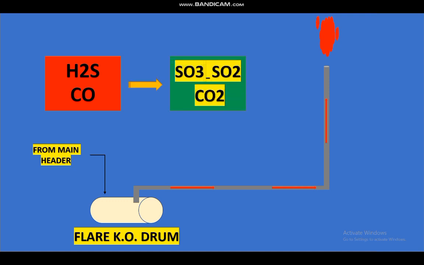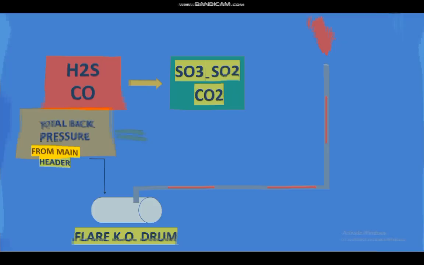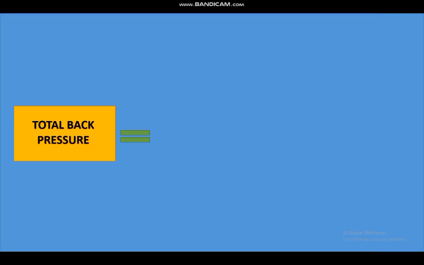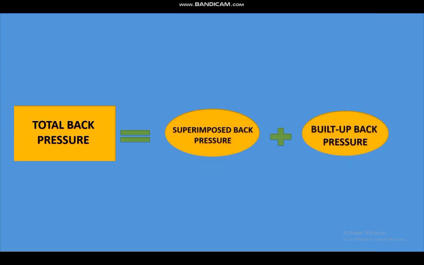Before discussing the flare network design concept, limitation, and key considerations, we need to define total back pressure. Total back pressure is defined as the sum of two components, superimposed back pressure and build-up back pressure. Understanding this pressure definition is essential as they play a major role in flare network design.